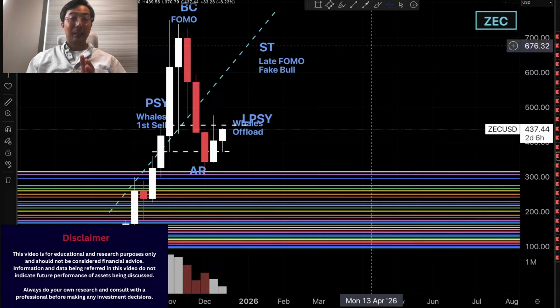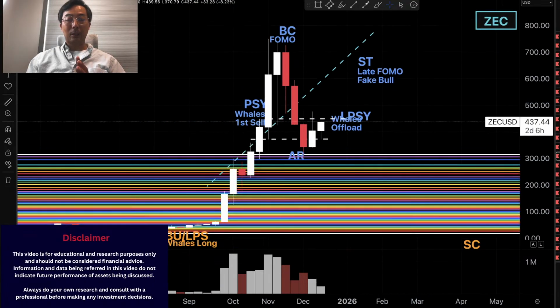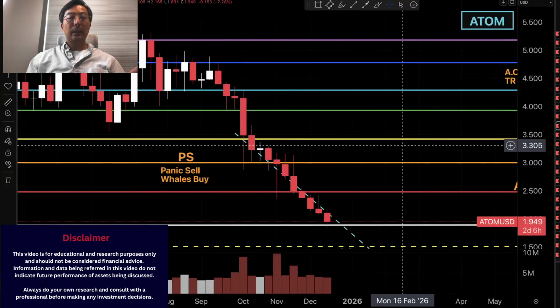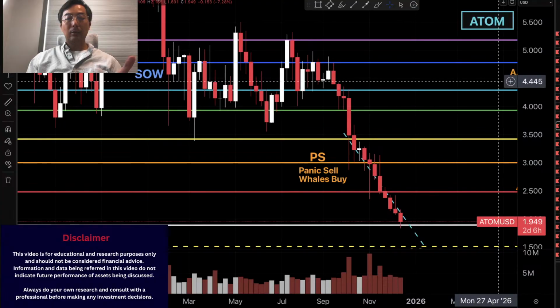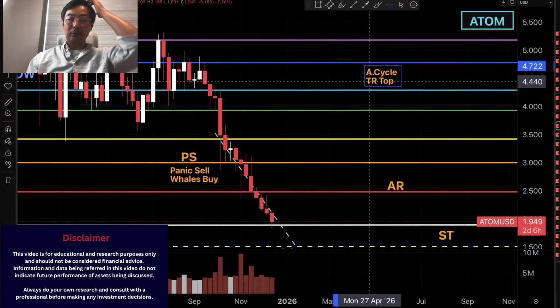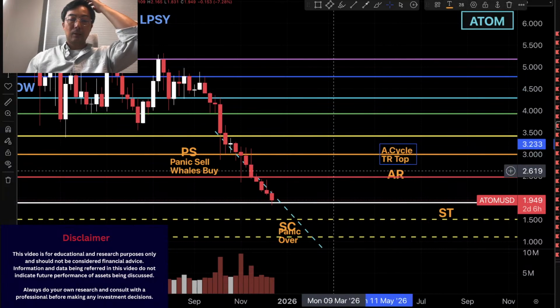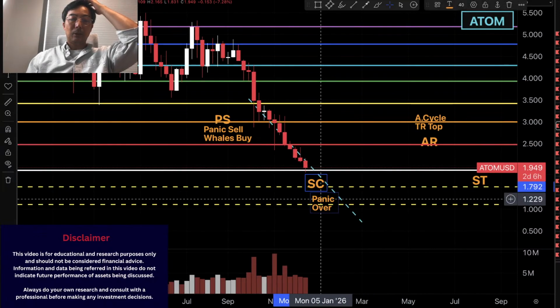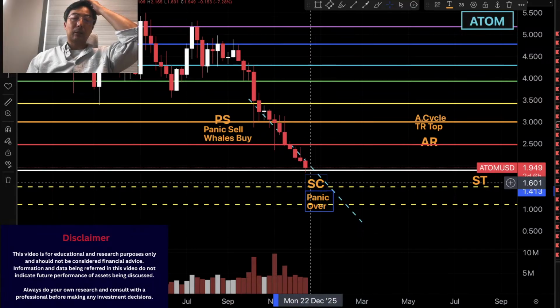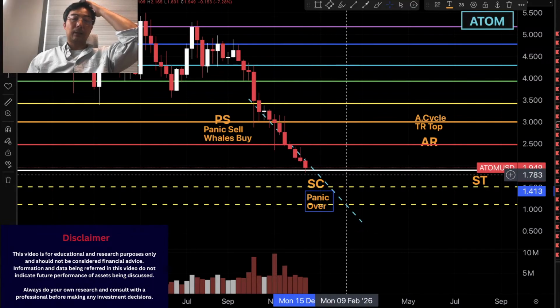Distribution cycle. Next, we're going into the accumulation cycle, and I'm splitting these into two halves as well. And very quickly, Atom. For Atom and the following coins, they are going through the early accumulation stage, meaning it's still probably seeking the selling climax or just showed the selling climax.